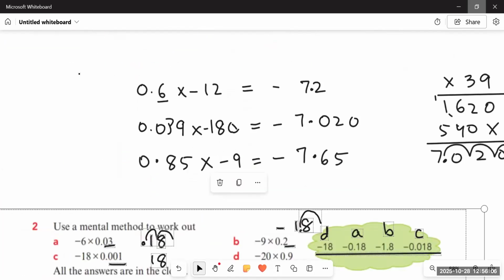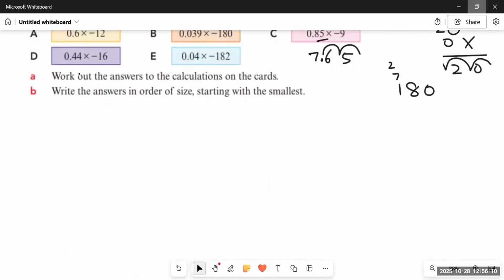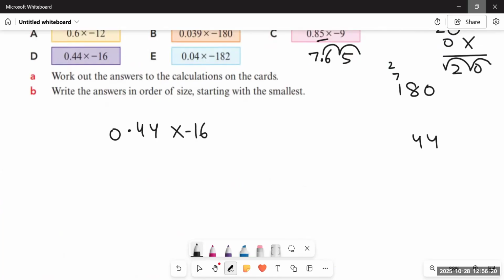Now let's see part D and part E. So next we have 44 multiplied by minus 16. So let's multiply 44 with 16. 6 4s are 24. 6 4s are 24, 26. 1 4s are 4.